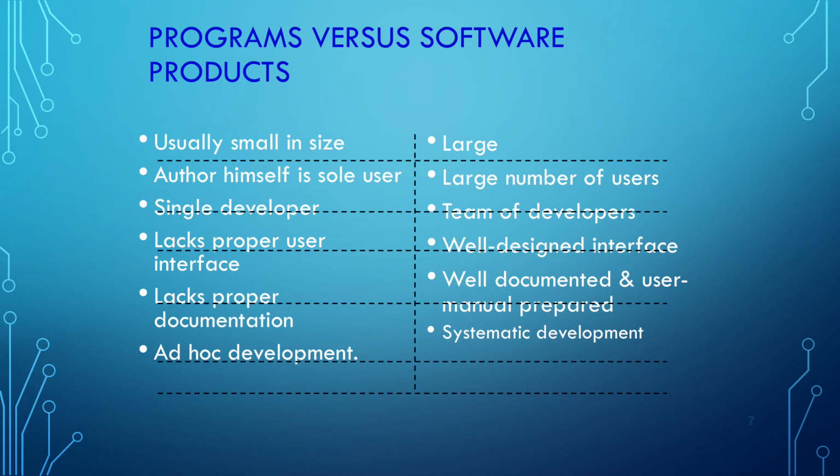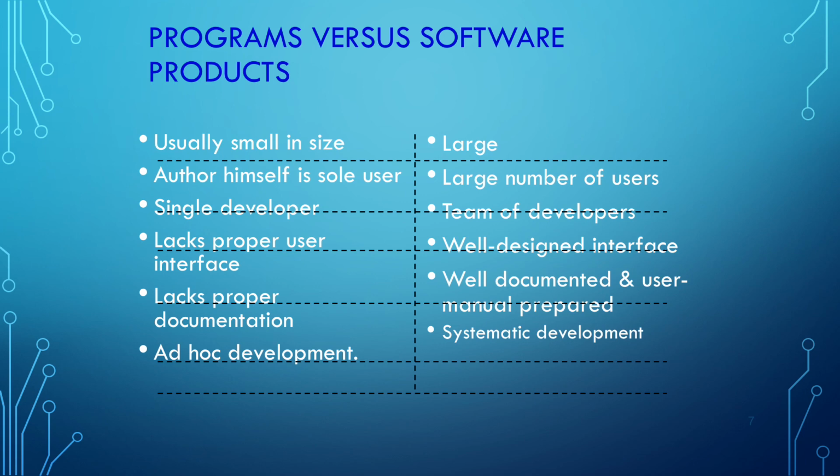Whereas when a number of users and a proper team are there and roles are assigned, proper well documentation will be done here. Ad hoc development means development based on a certain idea. Suppose I have given one program to four students, right?